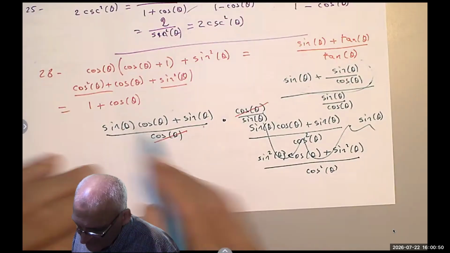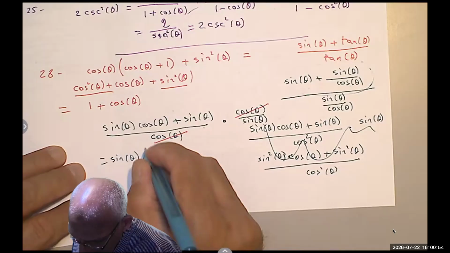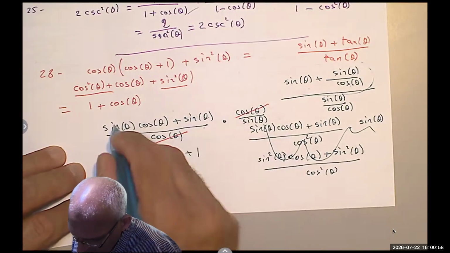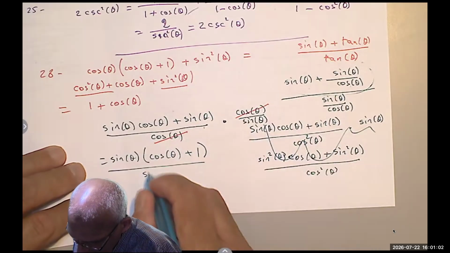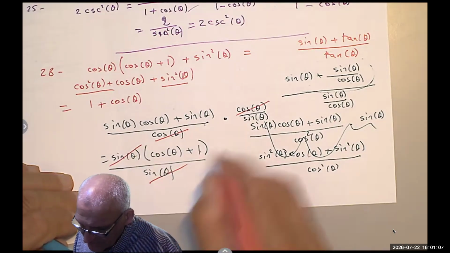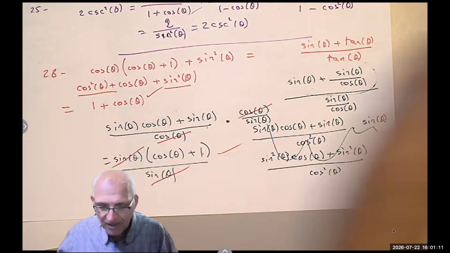And I can factor from here sine theta, yeah, that's it, times cos theta plus 1, because sine theta, if I factor it out, and I have in the denominator sine theta, and these will cancel, and you get 1 plus cos theta. I don't know what I was doing here.